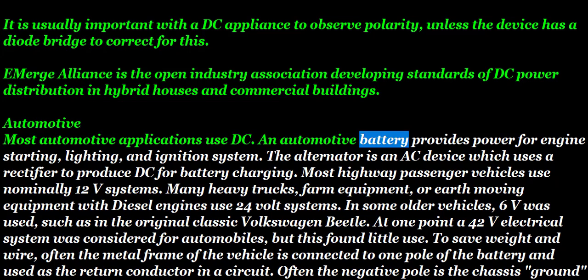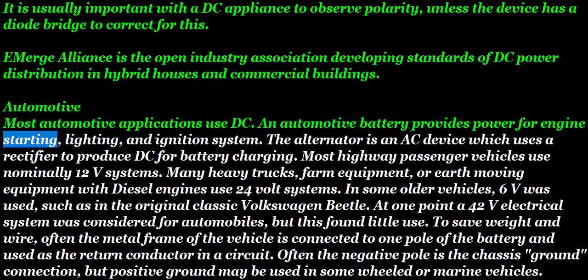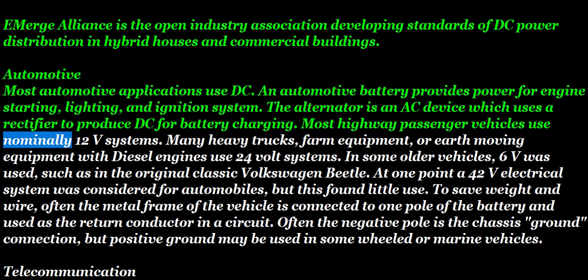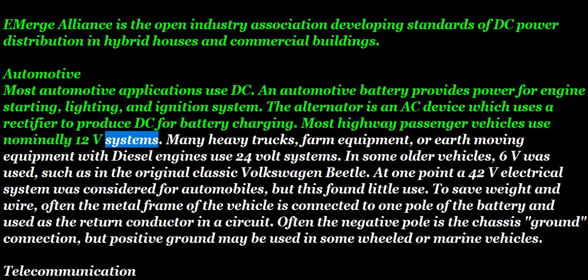An automotive battery provides power for engine starting, lighting, and ignition system. The alternator is an AC device which uses a rectifier to produce DC for battery charging. Most highway passenger vehicles use nominally 12V systems.